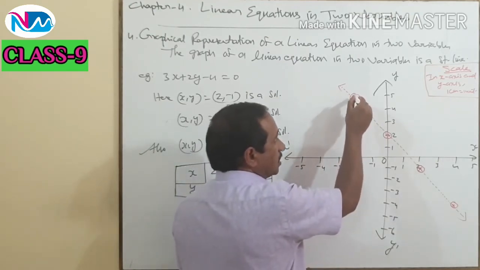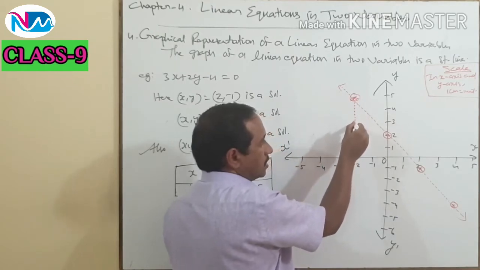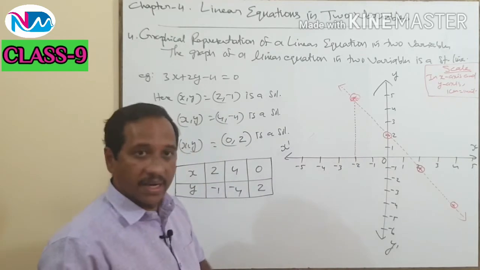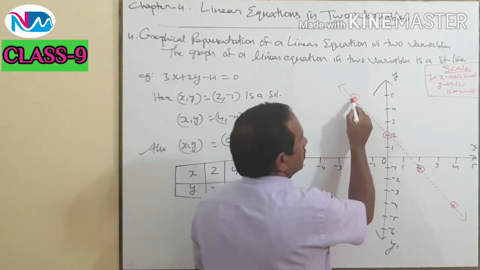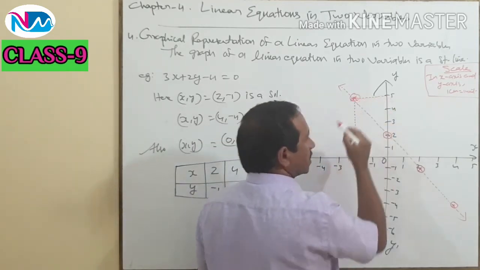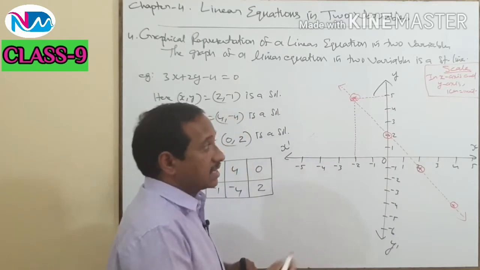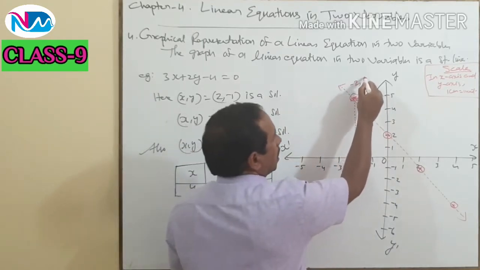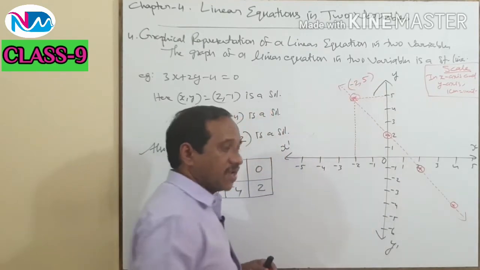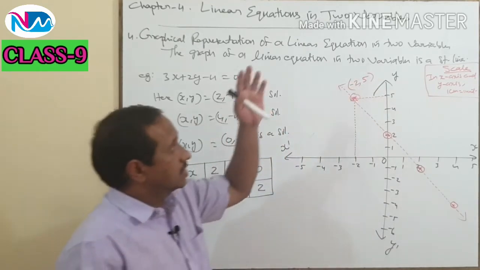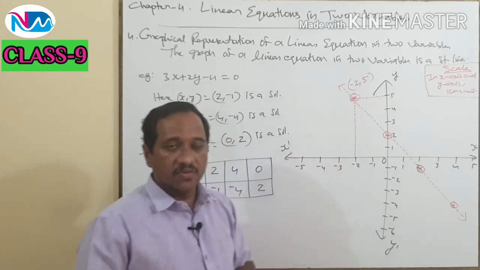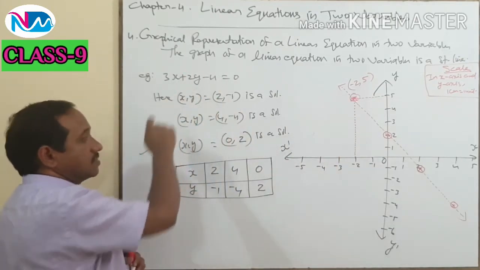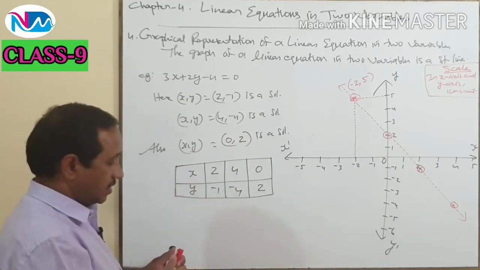Now if I join this to the x-axis, it will take you to -2, and if I join this to the y-axis, it will take you to 5. That means for this point, x coordinate is -2 and y coordinate is 5. So this (-2, 5) will definitely be a solution of this equation. Let us verify.